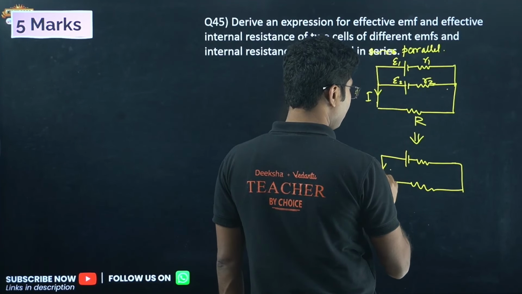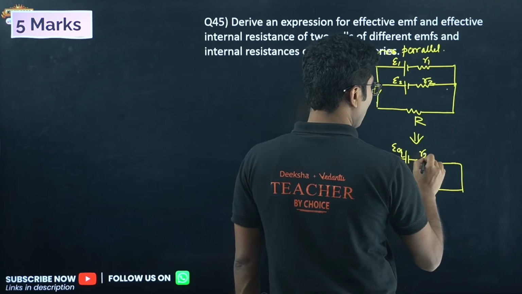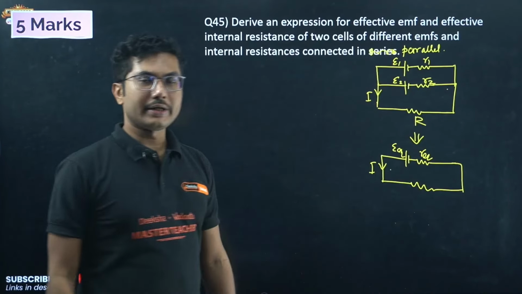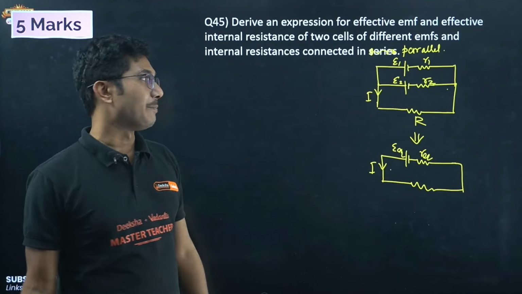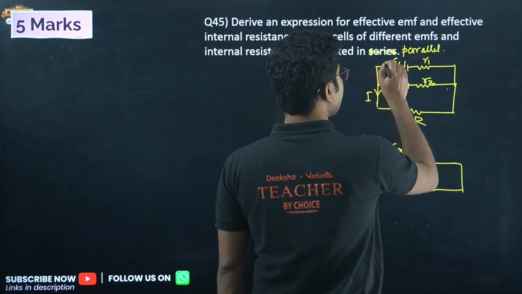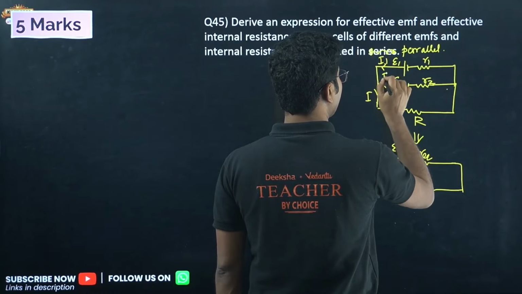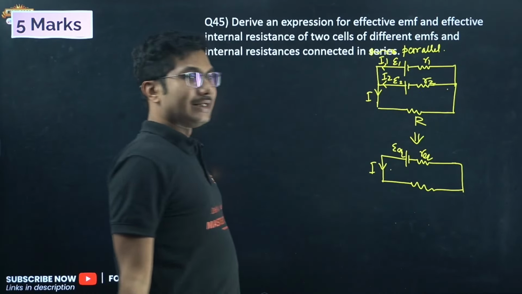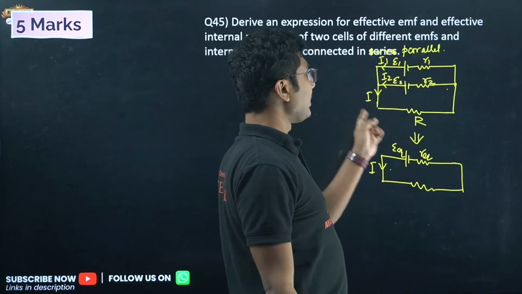The same current will be maintained as well. So there is only one condition for the equivalent circuit: the total current in the circuit and the total voltage should be the same. Here the individual currents are not the same: say the currents are I1 and I2, and we have to take them separately.